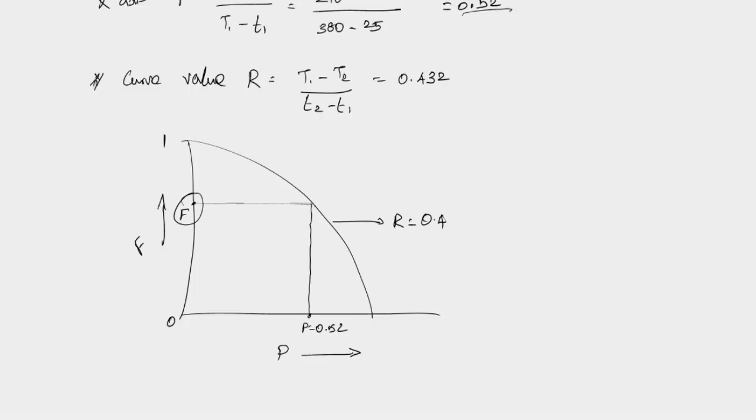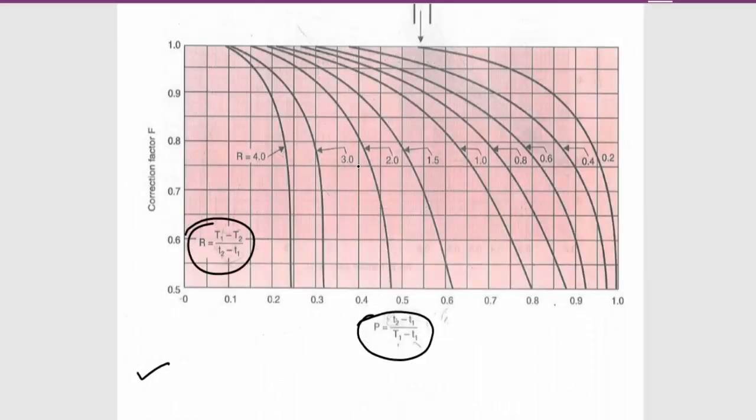Now go to the data book. The P value is 0.52. So this is 0.5, this is 0.6, sorry, this is 0.55. The 0.52 will be somewhere here. So this is 0.52, and the 0.4 curve is here.